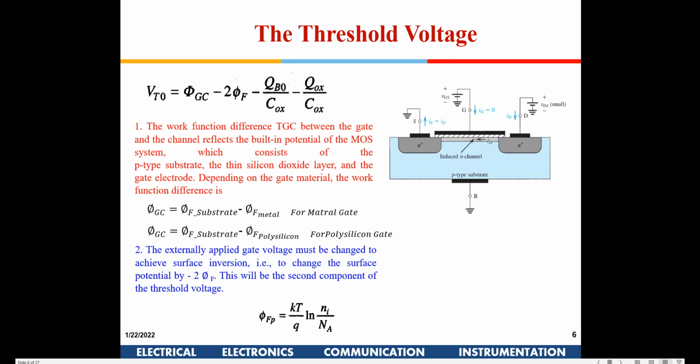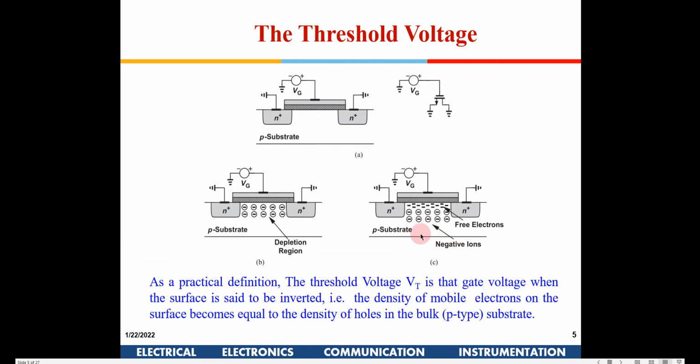Yes, it is per centimeter cube. That is the way we define the density of holes and electrons in semiconductors generally. The 10 to the power of 15 I mentioned is generally the density of the P substrate. Now when the channel is inverted, the density of electrons in this area where the inverted channel is formed should be 10 to the power of 15 per centimeter cube.